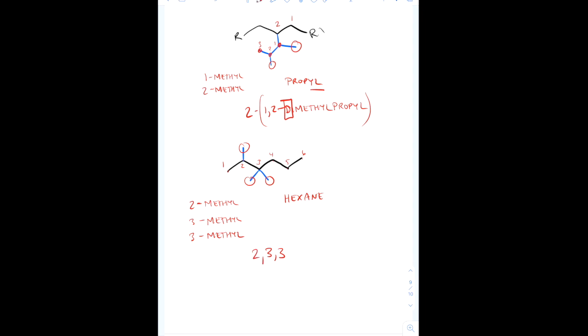And so obviously we still have that other one at the 2 position, so it'd be 2, 3, 3, and then we would finish that off with a trimethyl, and then hexane. Okay, and so this is all one word as well. I want to make sure you understand that. That looks like kind of like a space right there, but that's just the way I drew it. So it is 2,3,3-trimethylhexane. This might seem kind of redundant, but it's actually really important to make sure that we are aware that there are 2 methyls on that 3 position.